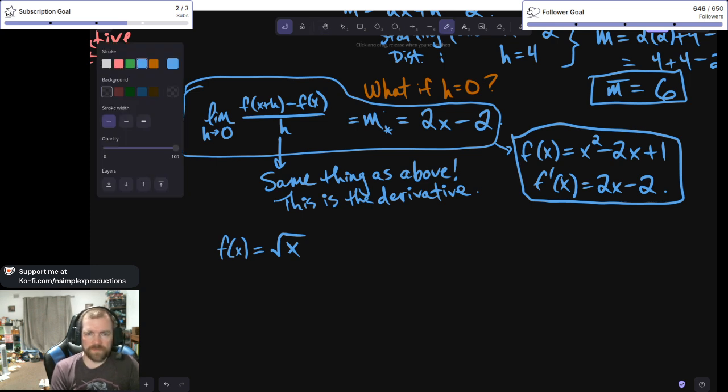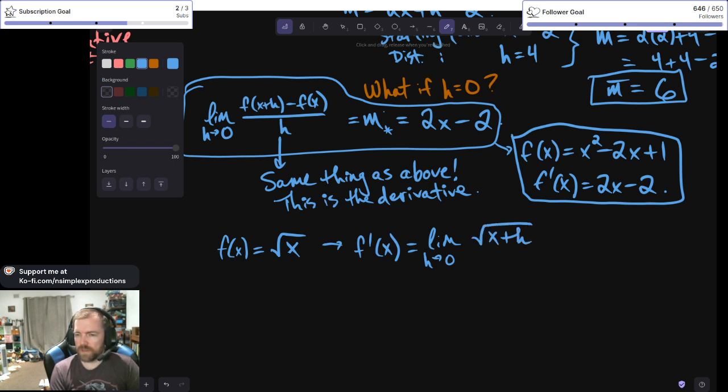So, we take f of x, which in this case is the square root of x. We bring that over and say f prime at x is going to be equal to the limit as h goes to 0 of the square root of x plus h minus the square root of x all over h.